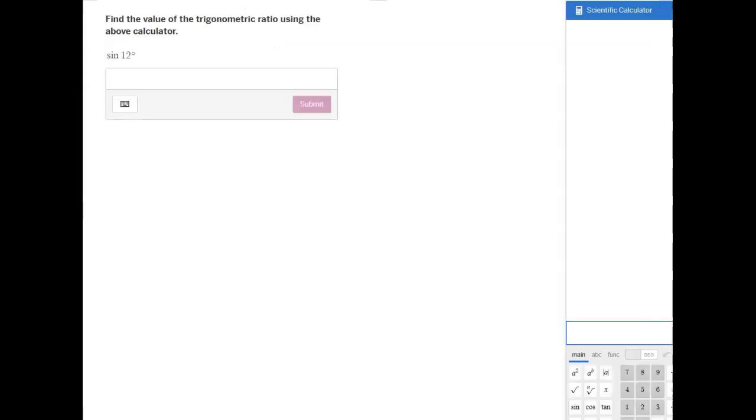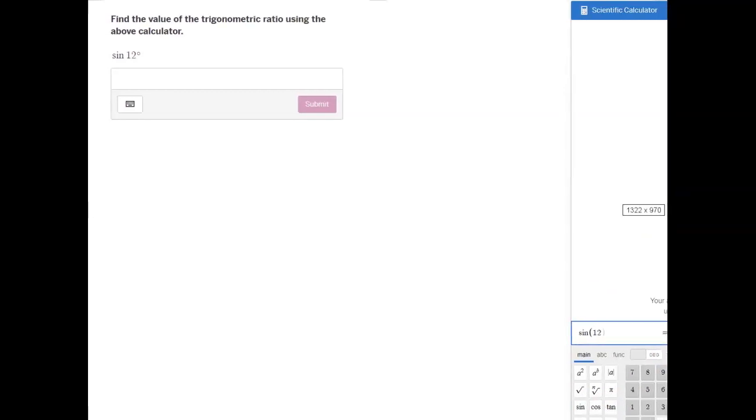I've gone ahead and opened up the Desmos Scientific Calculator so that you can see how it works. Notice down here on the calculator, you have sine. You can click that button or you can type in SIN and then 12. This will give you the ratio for sine at 12 degrees.